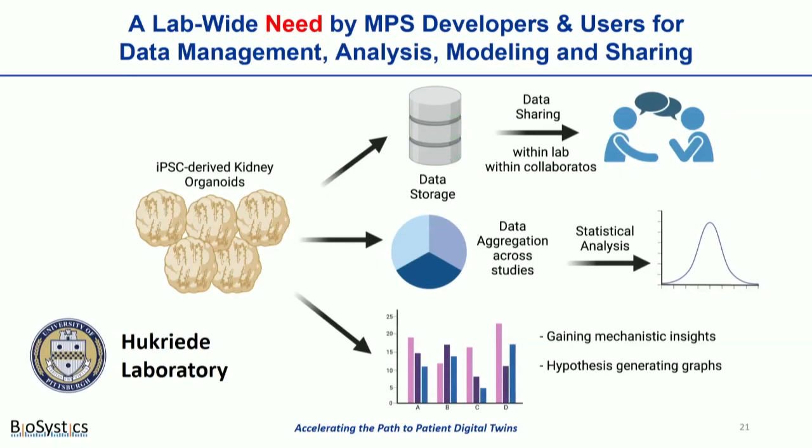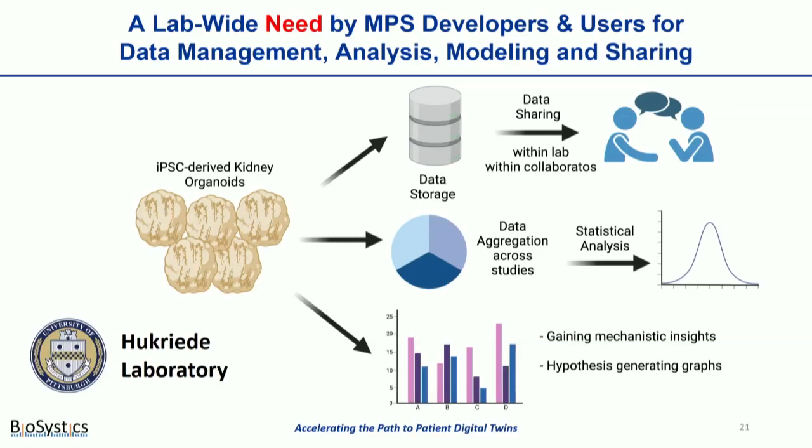What I personally see, even in this group that I work in, even in an academic setting, is a massive lab-wide need for the management of this data. I'm generating a lot of data, and there's also years of historical data of people who have done experiments in our group. So not only is it important to have space to store all this data and to be able to share it within the lab and with lab collaborators, but also to be able to aggregate the data to compare: okay, I'm doing one study right now.